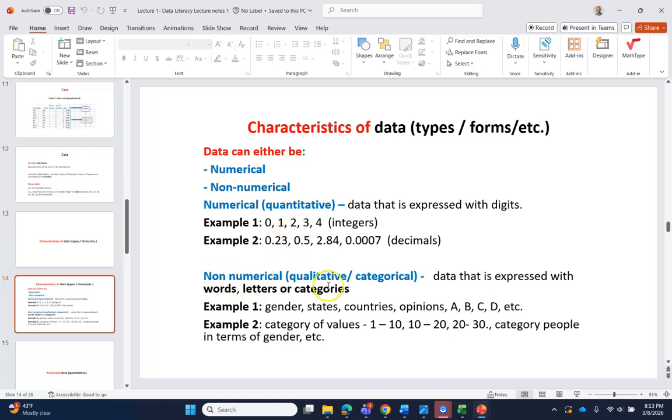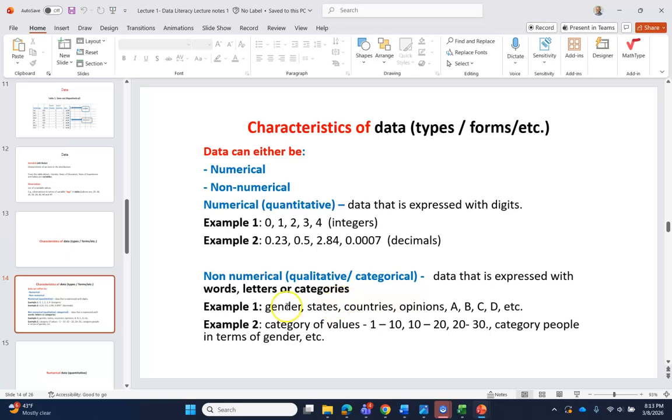Now, non-numerical data can be qualitative or categorical. So let's say we may have data which is expressed in terms of words, letters, and categories.